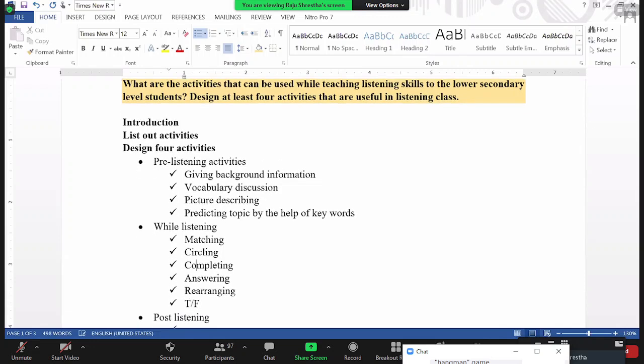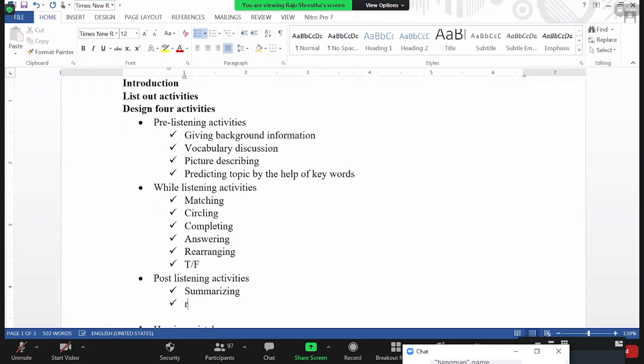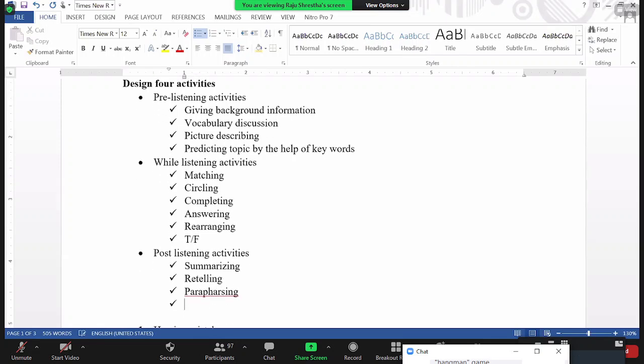So these are while listening activities. And post listening activities are also there, like summarizing, retelling, then paraphrasing. These activities we use.